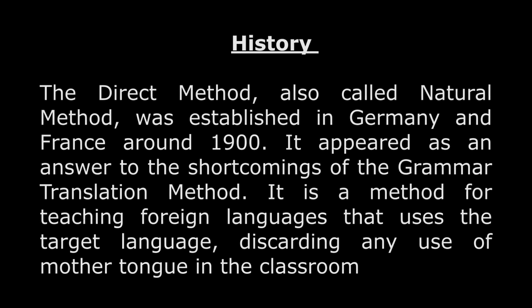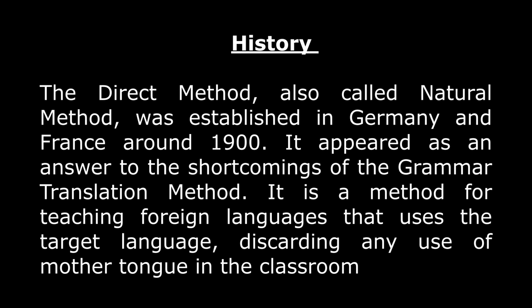History of the direct method. The direct method was established in Germany and France around 1900. It appeared as an answer to the shortcomings of the grammar translation method. We know that each and everything has merits or demerits.